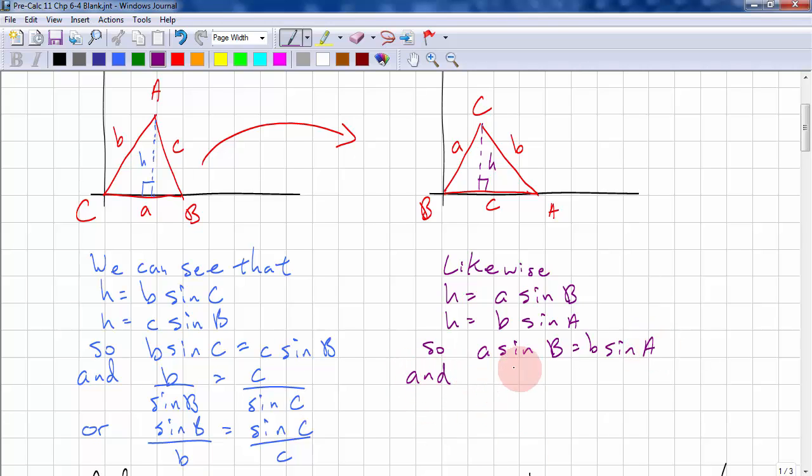And a over sine A equals b over sine B. And we also have the option of doing sine A over a equals sine B over b.